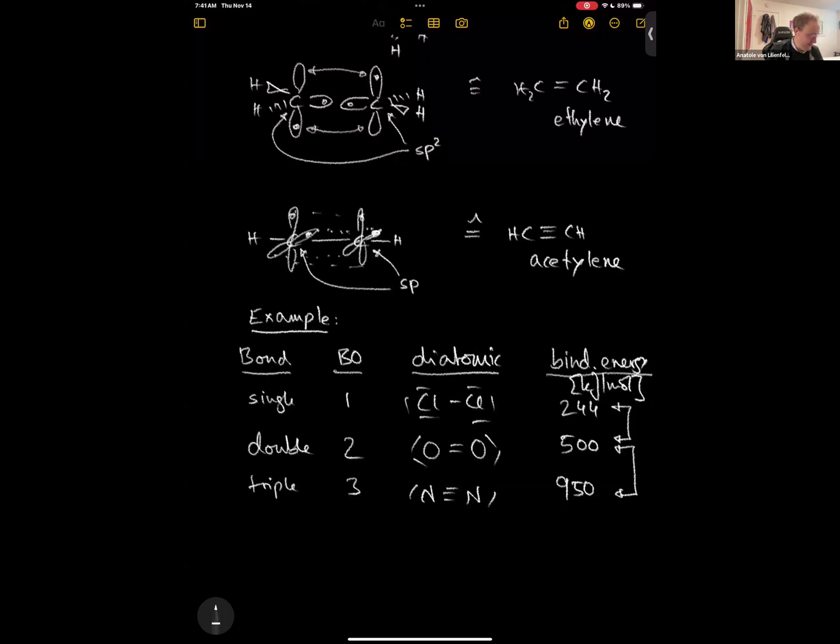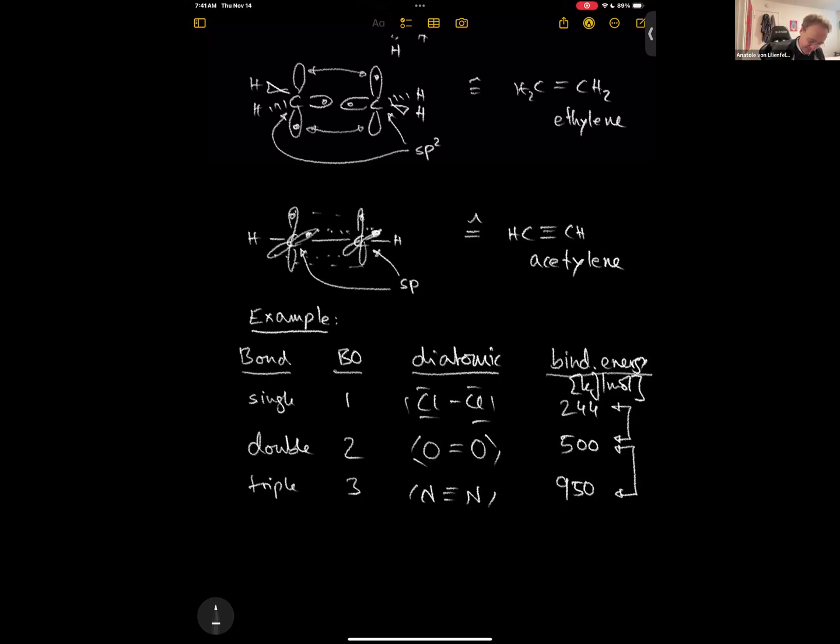Now, these bonding trends are not always obvious to accurately predict. And so, again, we have to make spectroscopic measurements of these, or combustion experiments to thermally measure the energy content, or we have to perform very accurate quantum mechanics calculations.